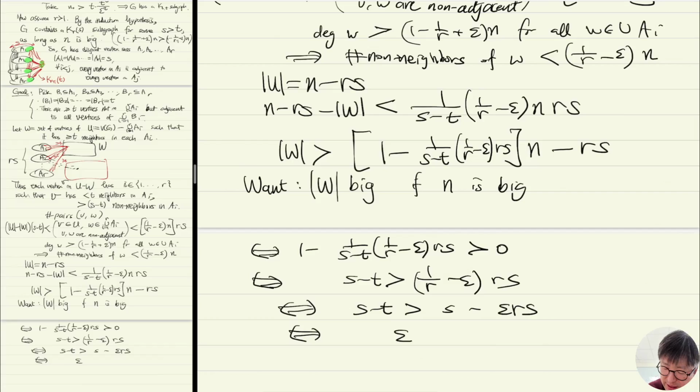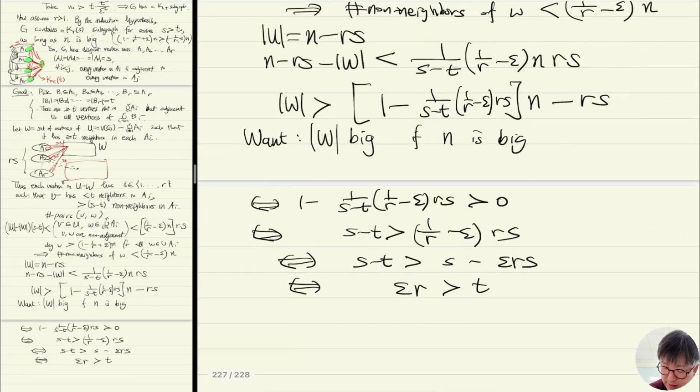So we need epsilon R S to be bigger than T. So as long as S is bigger than T over epsilon R, then the coefficient will be bigger than 0.